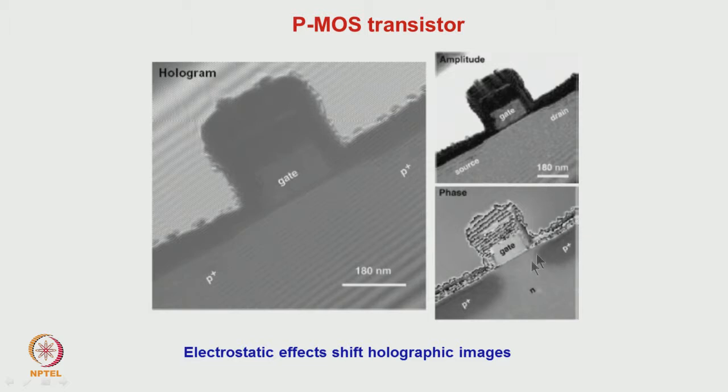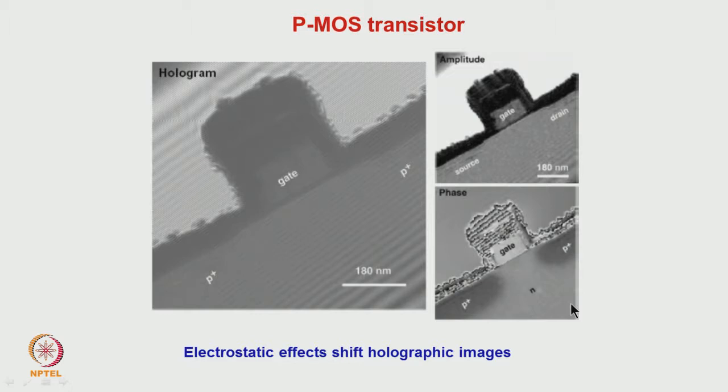This darker region shows that the phase is quite different compared to that of this N region. And this also shows that there are some variations in the phase, and this periodic variation of the phase is taking place. All this information we can get in the material.